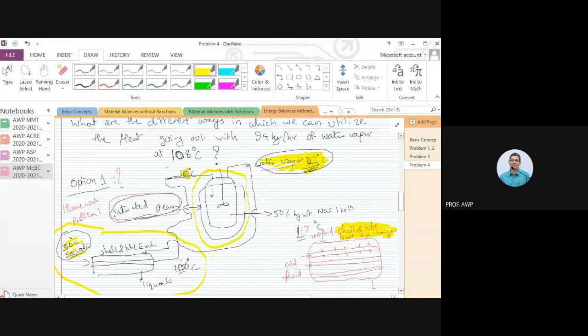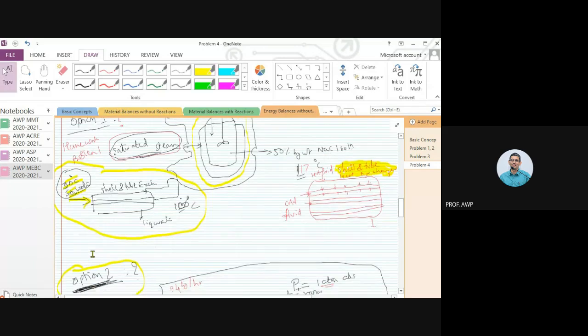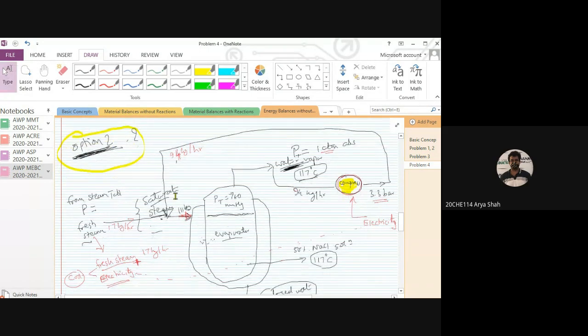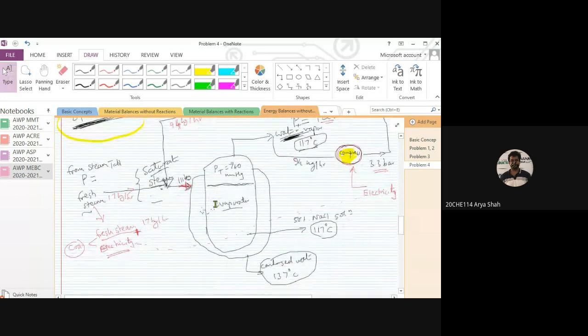Are we not trying to recycle that back by utilizing it to heat up the seawater? Are we not recycling that energy going out with hot water by compressing and putting it back into the process? Do you agree with that? It's a sort of a way of recycling our energy. Yes, sir.